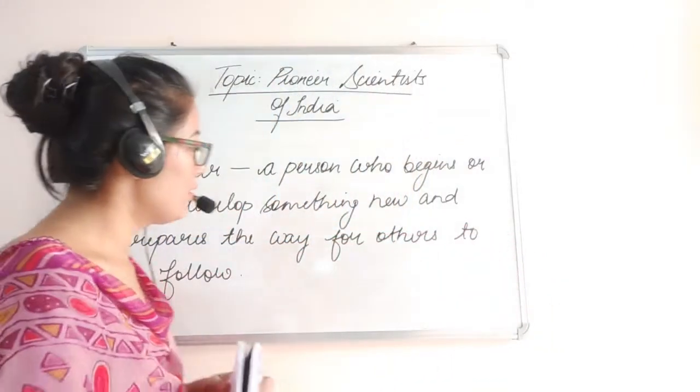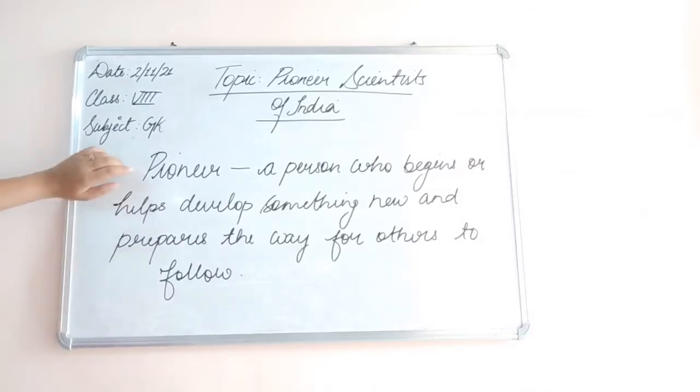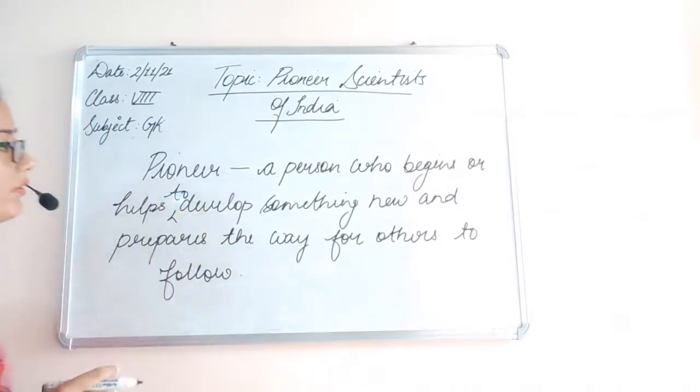Or, firstly, take down the screenshot. What does pioneer mean? So, pioneer is a person who begins or helps to develop something new and prepare the way for others to follow it. Please take down the screenshot, students.